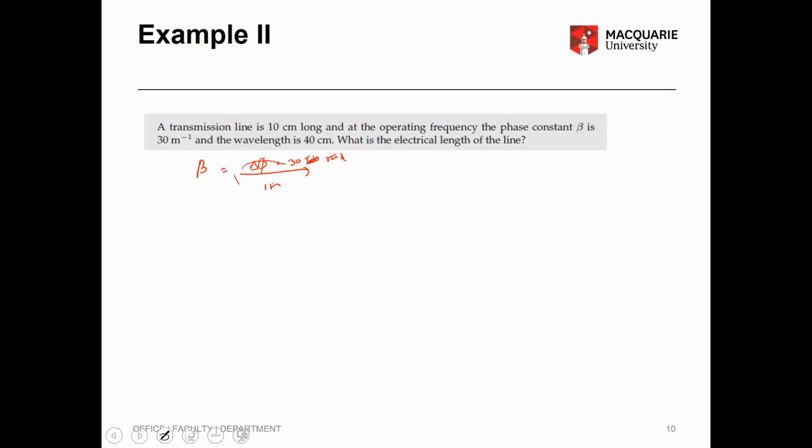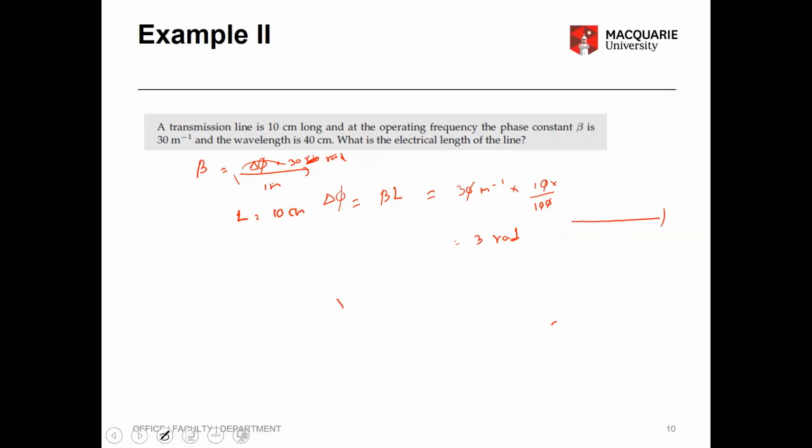Now the line is 10 centimeters long, so beta L should give you the phase change along that line in radians. Beta is 30 per meter, and the length is 10 centimeters, so that's 10 divided by 100. So 3 radians is what you will get along that 10 centimeter line.